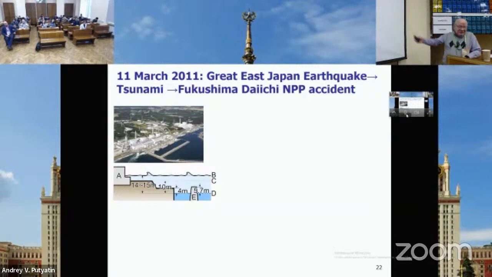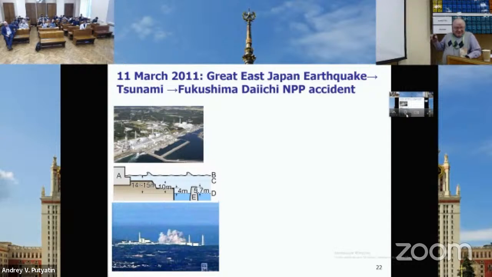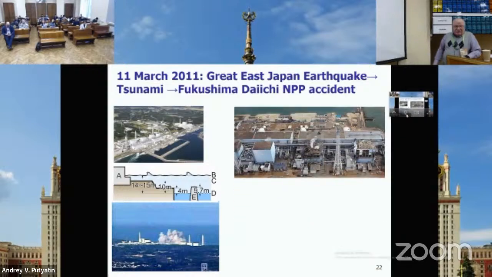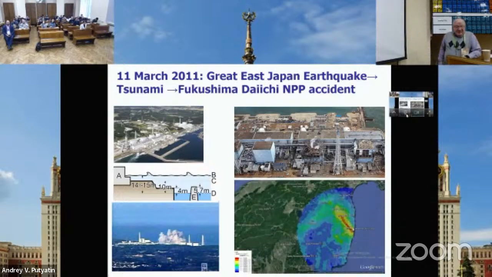And as a result, we had meltdown and hydrogen generation, hydrogen explosion, and this is the result of the accident. This is a picture soon after the accident, and the release of radioactivity in the case of Fukushima Daiichi nuclear power plant lasted about 4 days.